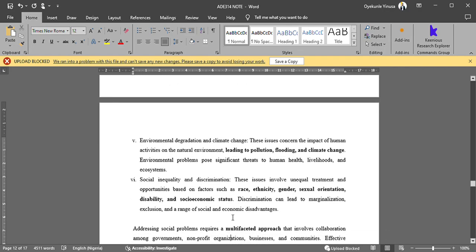Social inequality and discrimination: when there is discrimination in society in terms of race, ethnicity, gender, sexual orientation, disability, and socioeconomic status, there will be problems. For instance, the bourgeois will see themselves as the all in all controlling the proletariat, and they may revolt, but I don't think that can happen in Nigeria.